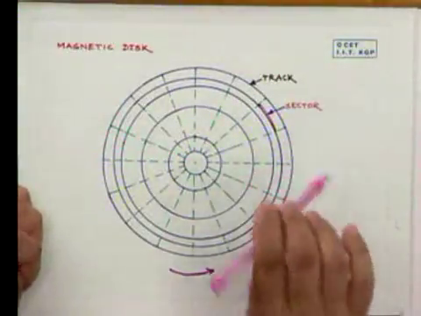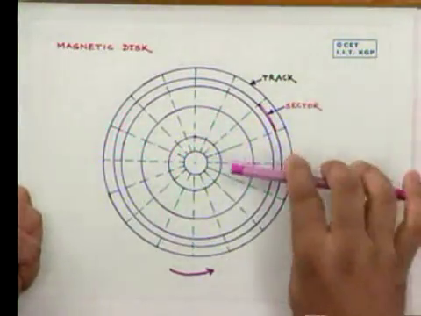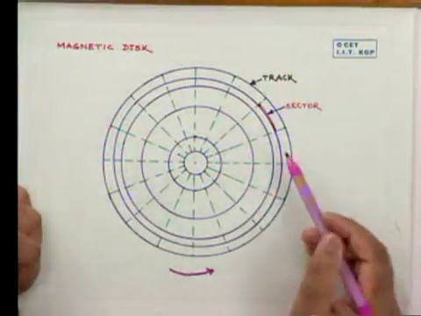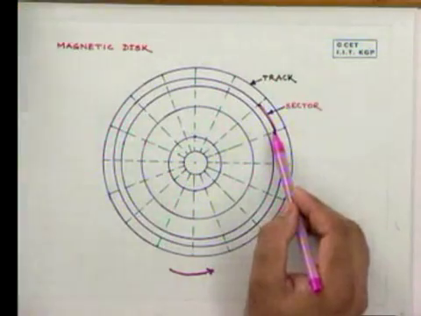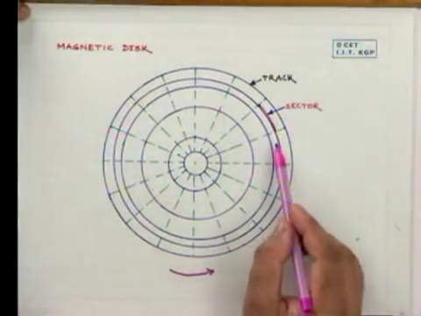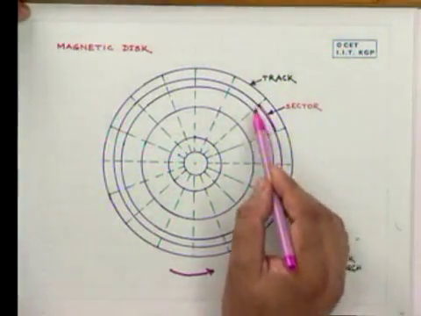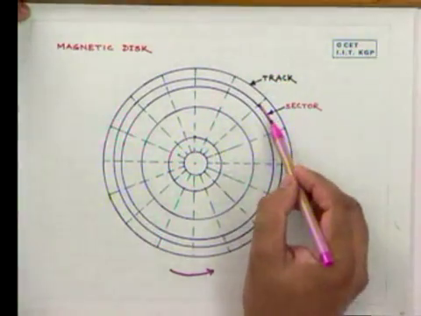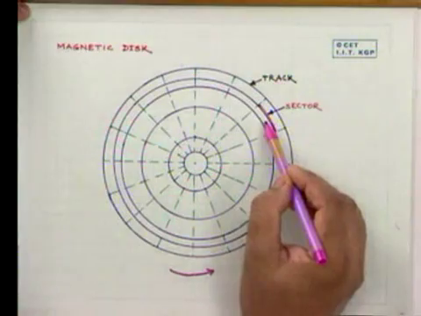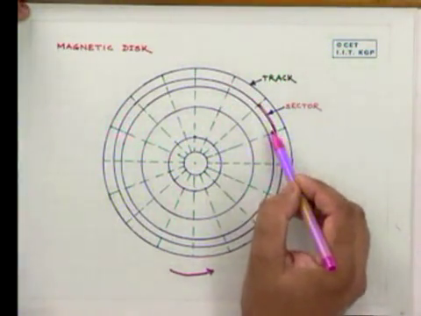Now, if you have to read a particular piece of data from a disk, then one complete sector has to be read out, or if you want to write data into the disk, one particular sector has to be written into.